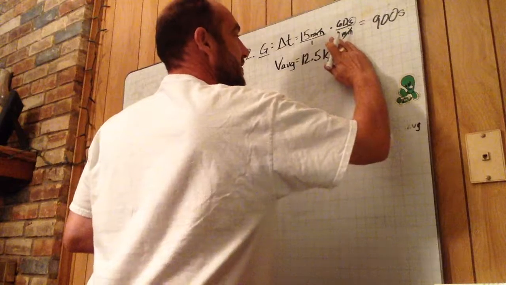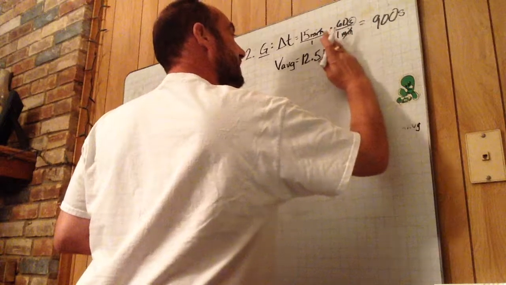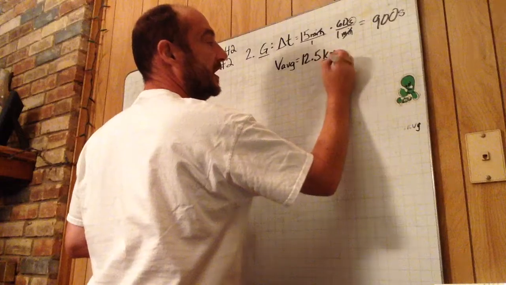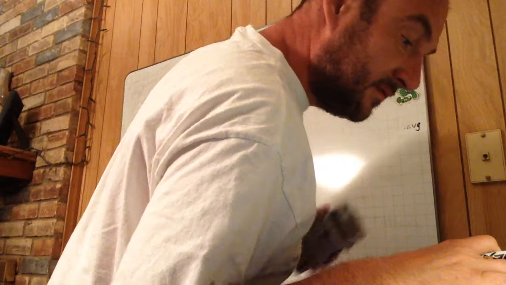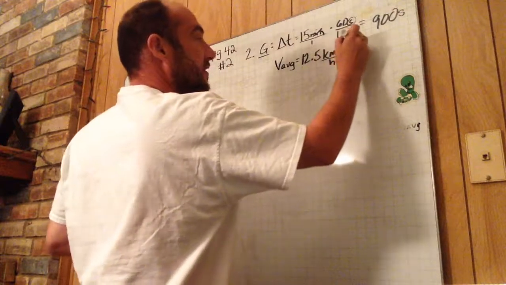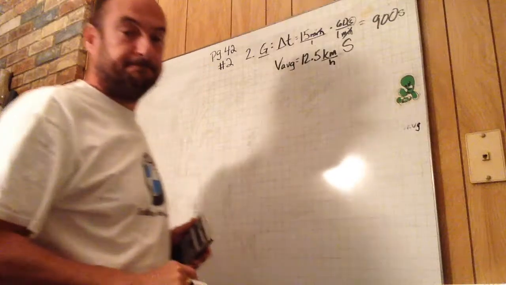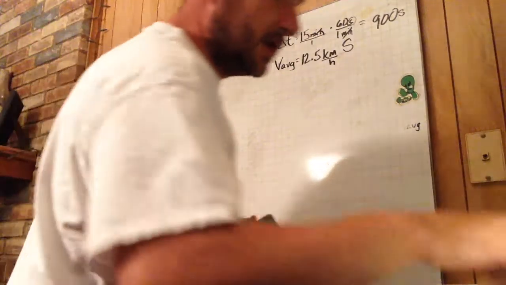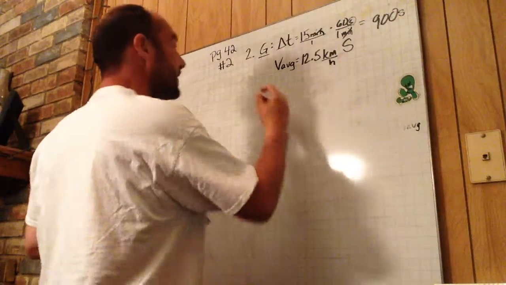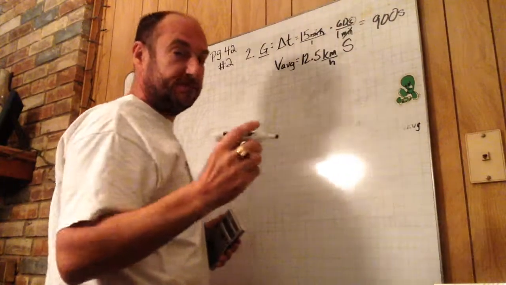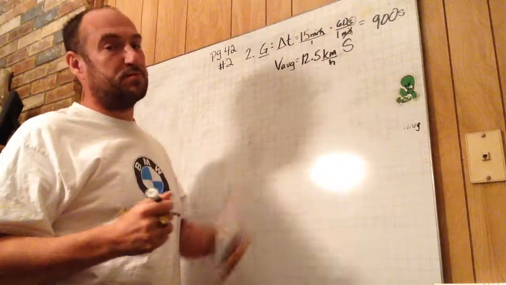Let's go ahead and change this over now to km over h. What direction was it? This is a velocity, must have a direction. South. Okay. That's all they give us in the initial step.